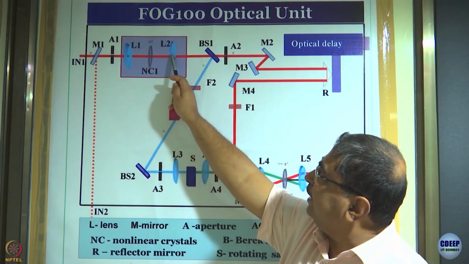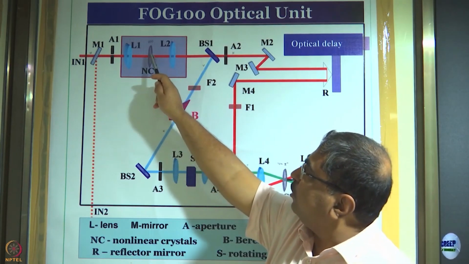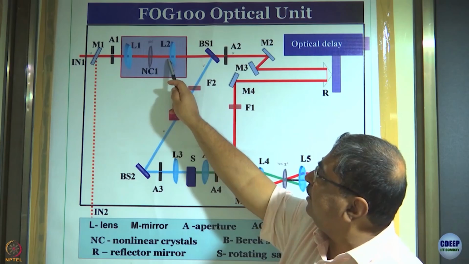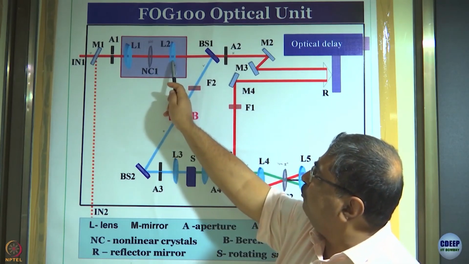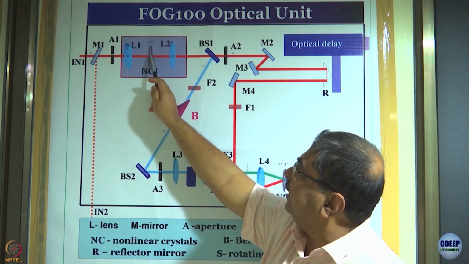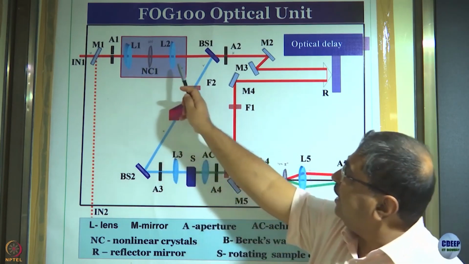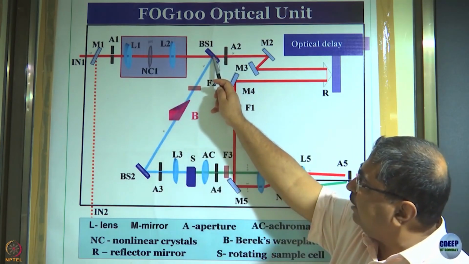Now, in this region you have red and blue light that are mixed together. Since you focused, you are going to have a diverging beam here. The diverging beam is captured by another lens L2, which is placed in such a way that the focus of L2 is at NC1. Then the mixture of red and blue light goes and hits a beam splitter BS1.